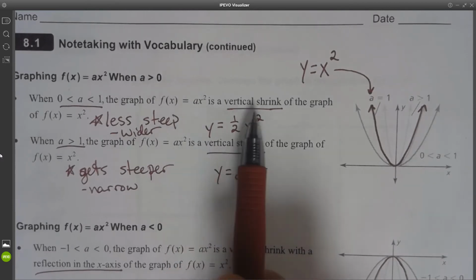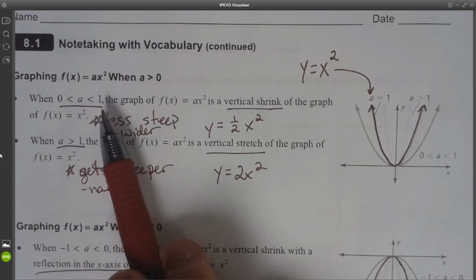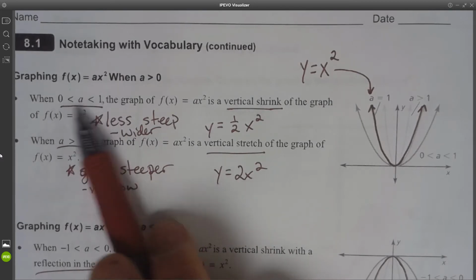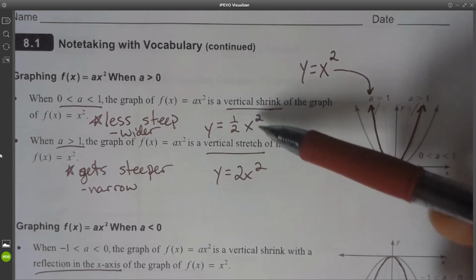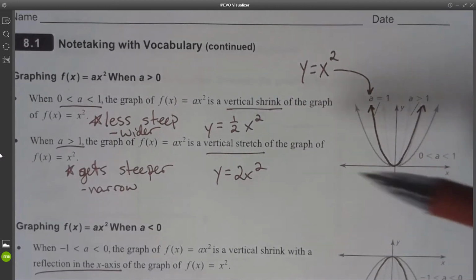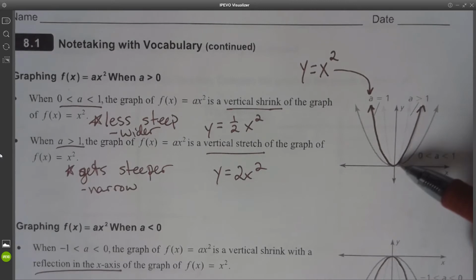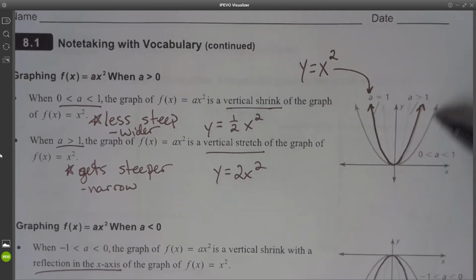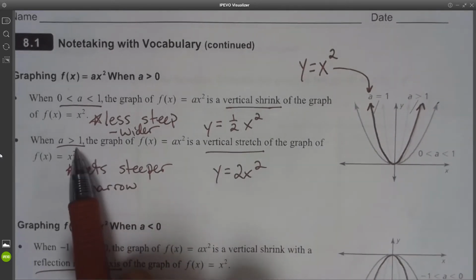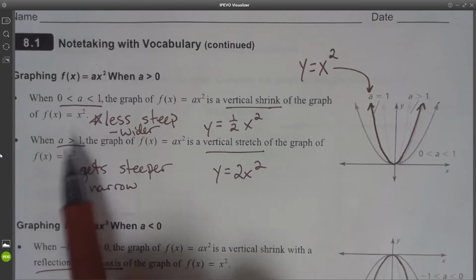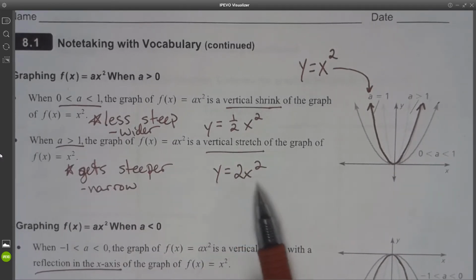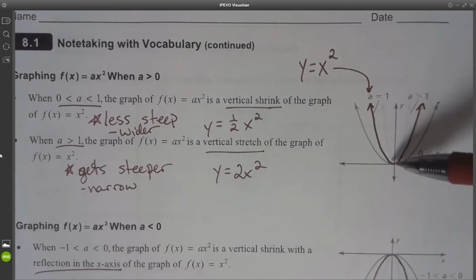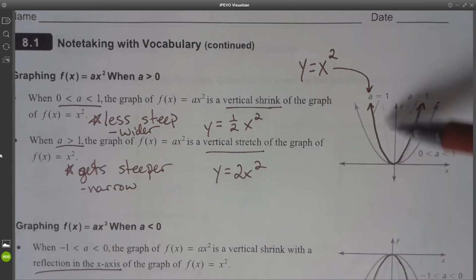So what happens when a is a small number, in between 0 and 1, something like 1/2 in front of the x squared? We get a graph that is wider and less steep. But when we have a value larger than 1, something like 2 in front of x squared or bigger, we get a graph that is skinnier and steeper.